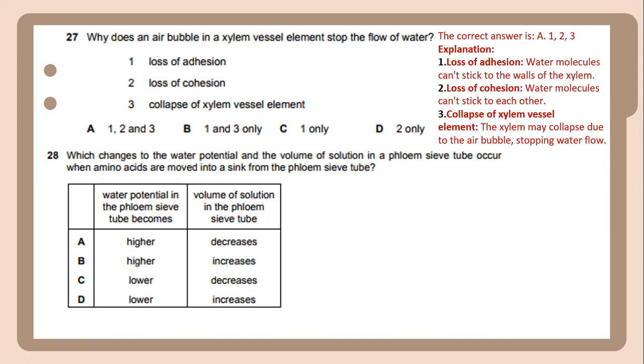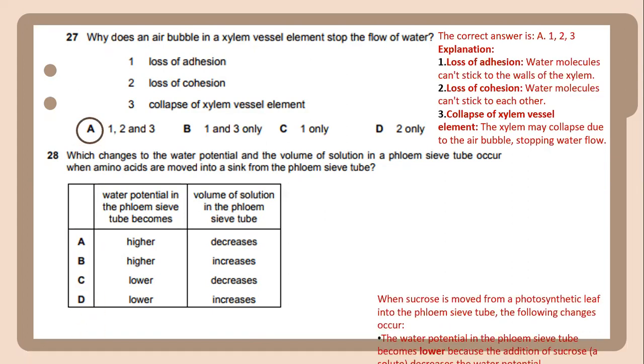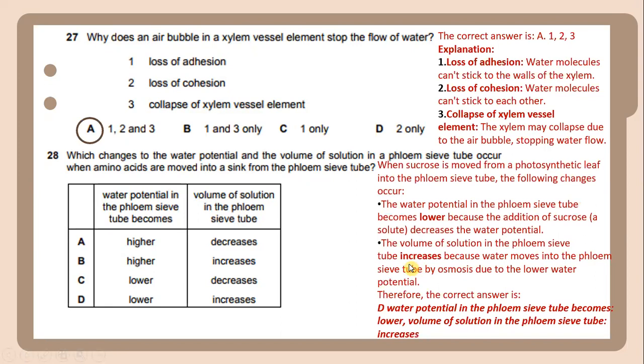Which changes to the water potential and the volume of solution in the phloem sieve tube occur when sucrose comes into the phloem sieve tube from the photosynthetic leaf? The answer will be, when sucrose is moved from the photosynthetic leaf into a phloem sieve tube, the following changes occur. The water potential in the phloem sieve tube becomes lower because the addition of sucrose decreases the water potential.